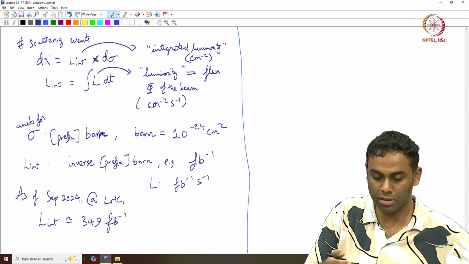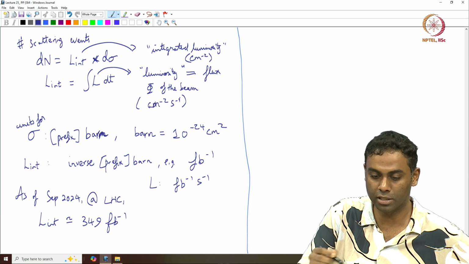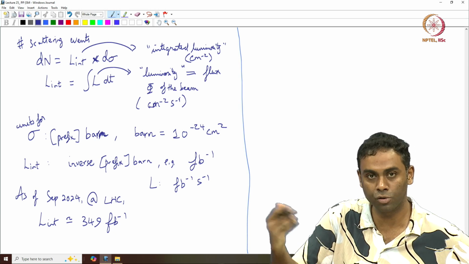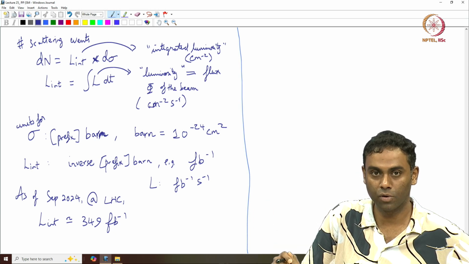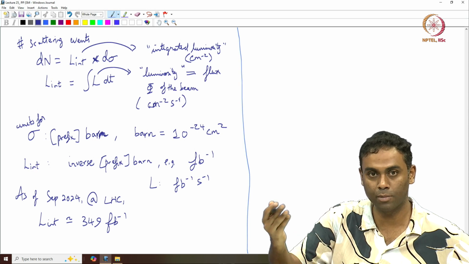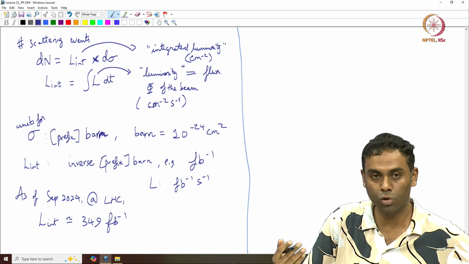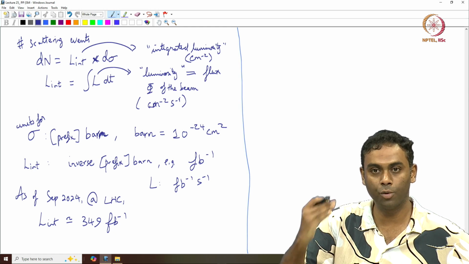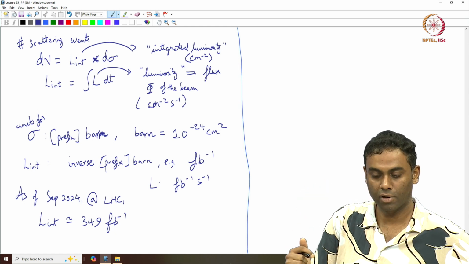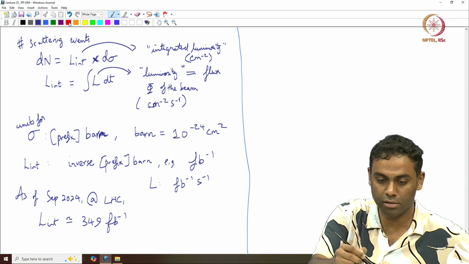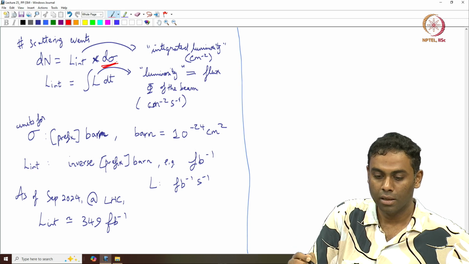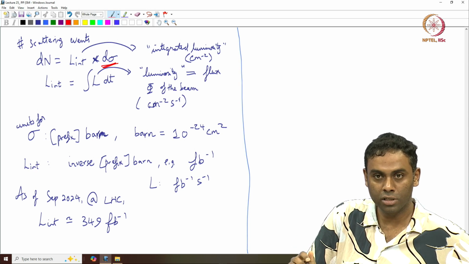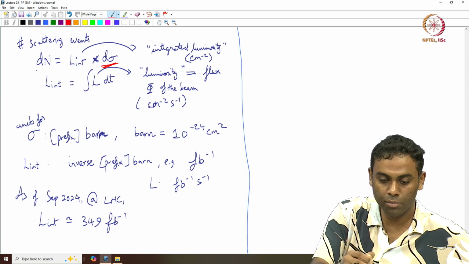Okay, the more the time passes, the more integrated luminosity that you accumulate. It's just the flux of the beam. The flux also keeps increasing actually. Okay, they keep increasing the flux, but then as time also increases, put together the total integrated luminosity increases. Now this is a measure of how much data you actually have, right? Because the cross section is set by nature, right? So you increase the integrated luminosity, you're going to get more events.